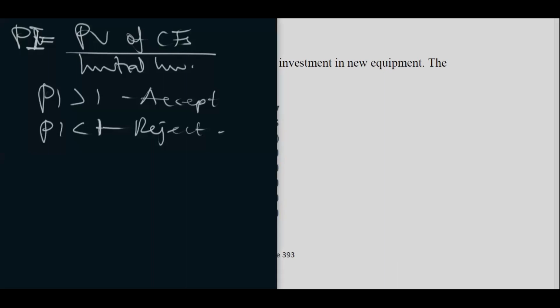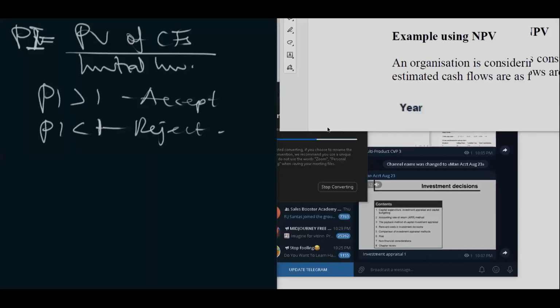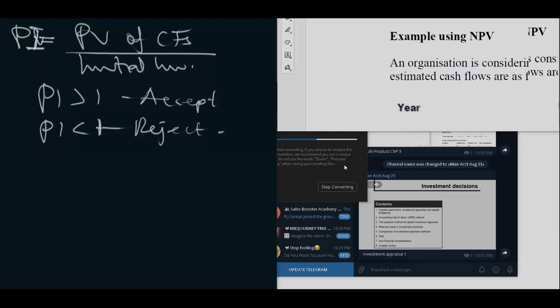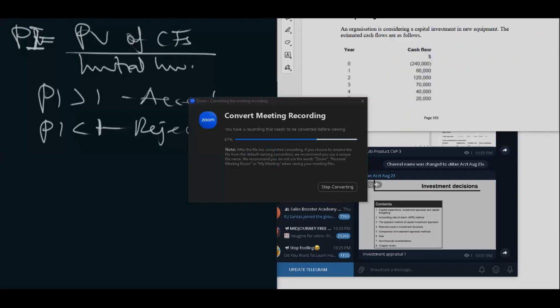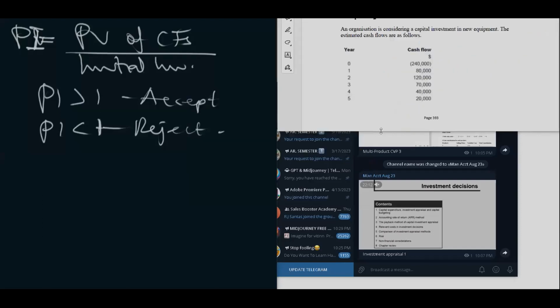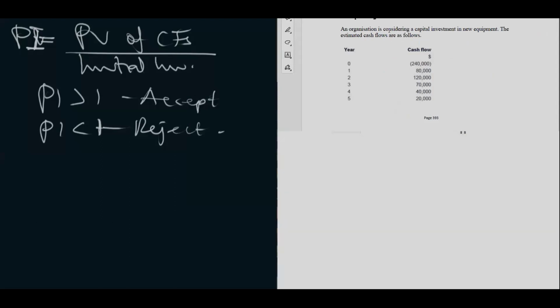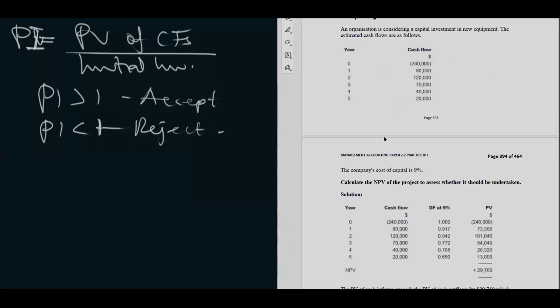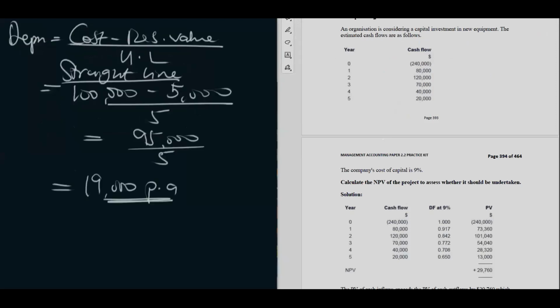For the first example that we saw earlier on, we can use that same example. I don't remember the cash flows, but we can use it to assess the investment. Where is it?